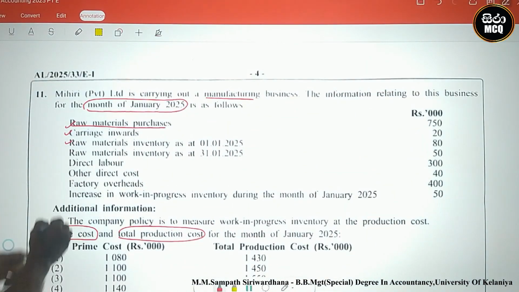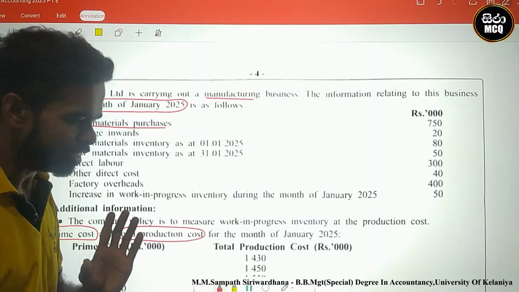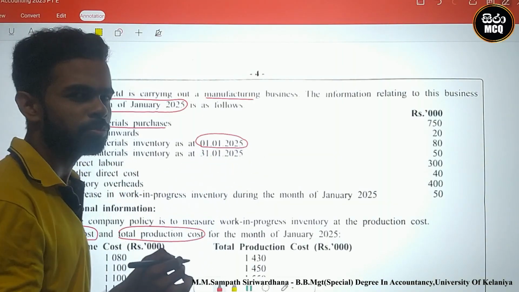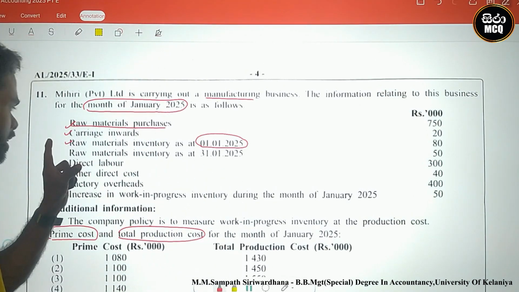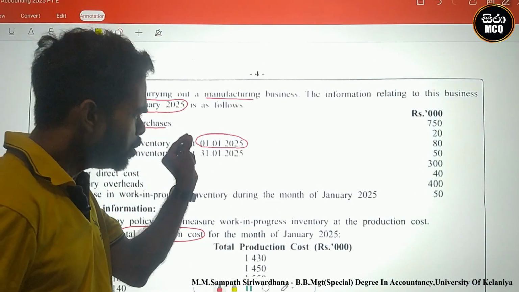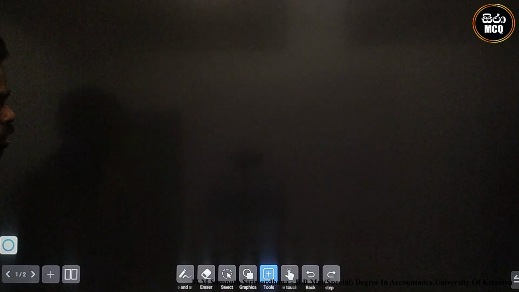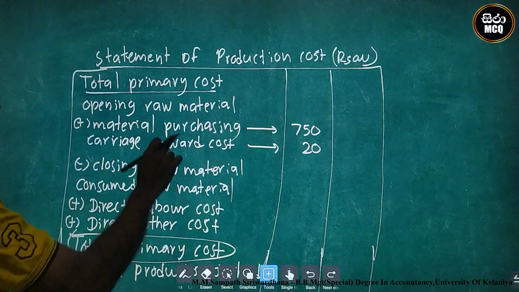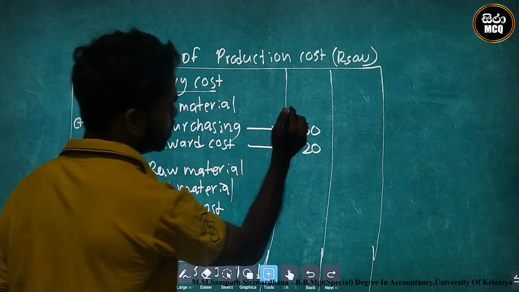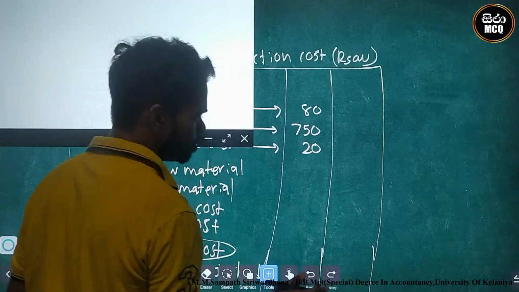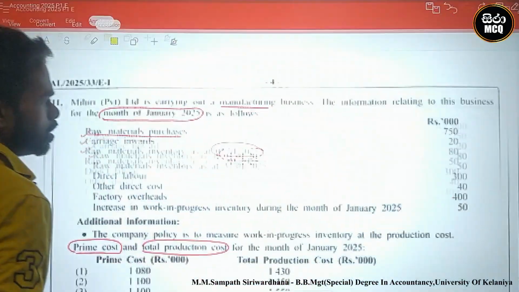Raw material inventory as at 1st January 2025 is the opening date. Opening raw material 80. This is the easy one.